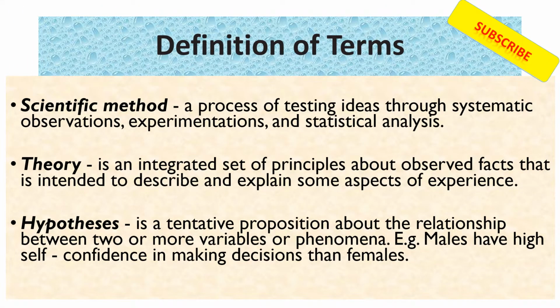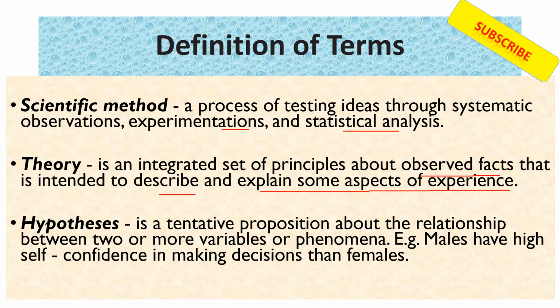The scientific method is the process of testing ideas through systematic observations and the use of experimentation and statistical analysis. And when we talk about theory, we mean an integrated set of principles about observed facts that is intended to describe and explain some aspects of experience.